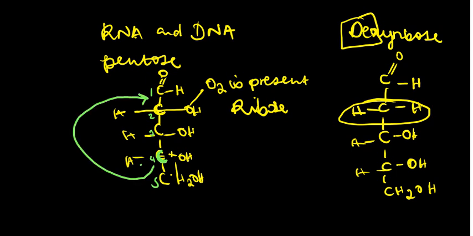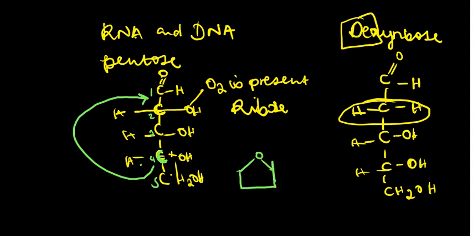So we're trying to make a ring from a straight chain. It combines with carbon number 1 of the open chain, in both ribose and deoxyribose, forming a 5-membered ring. When carbon number 4 binds with carbon number 1, they will form a ring structure such as this.